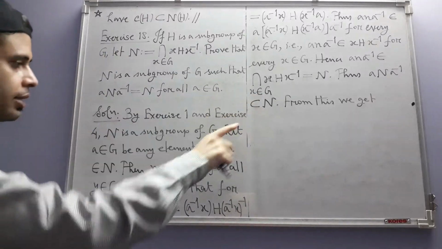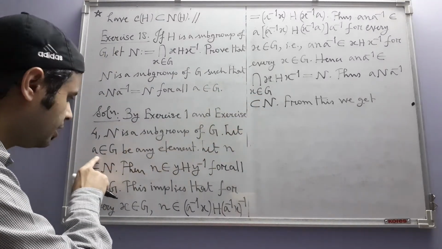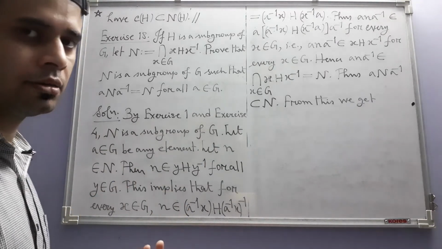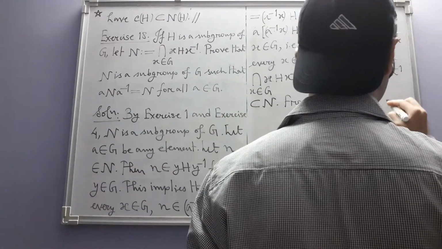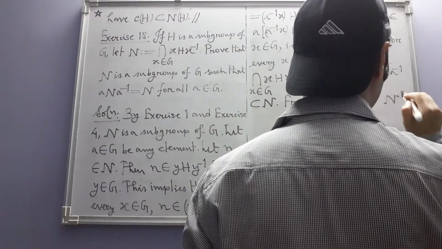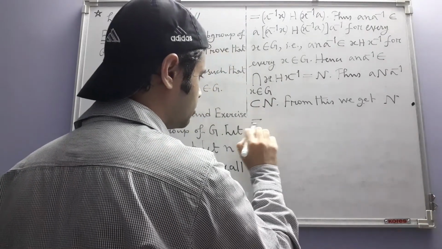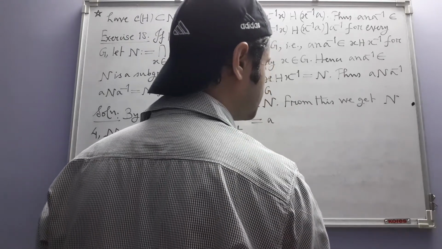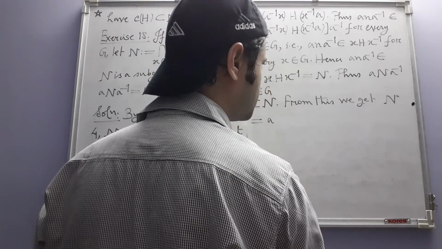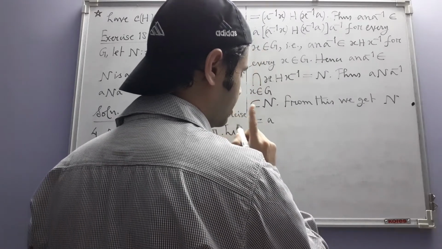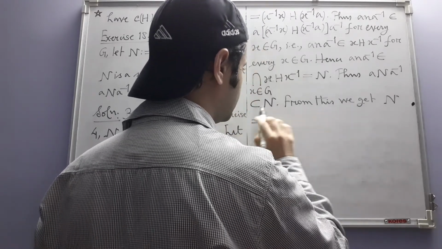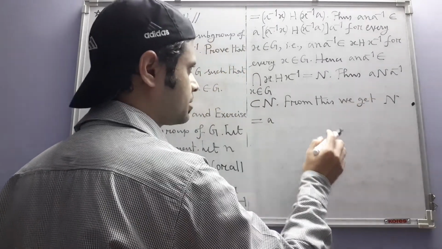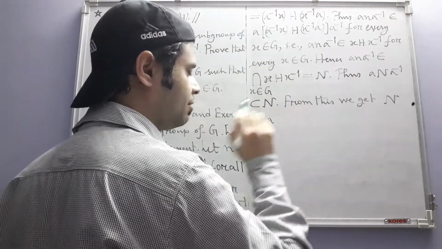The solution that we have proved right now is true for any element A in G. So we can replace A by in fact any element of the group. From this we get n equal to... Okay, so what I am trying to do here is that I will multiply both sides by A and A inverse, A inverse from the left and A from the right.